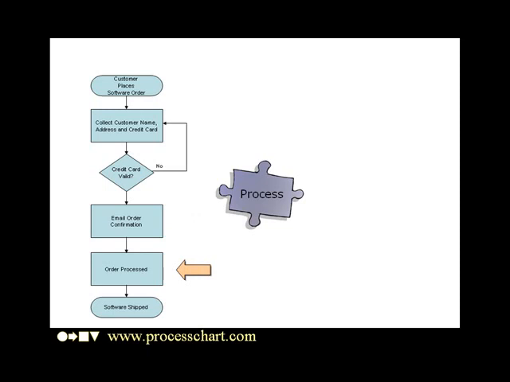Next, the order's processed. Isn't this what the entire flowchart represents? So what does this mean? Now the data is being entered into a system? A CD is burned? A registration number is assigned? Once again, who knows?